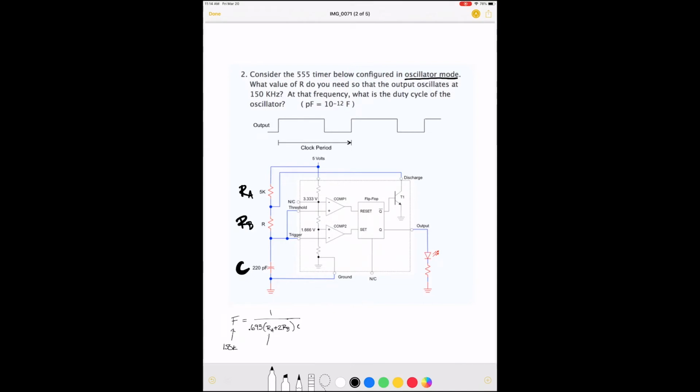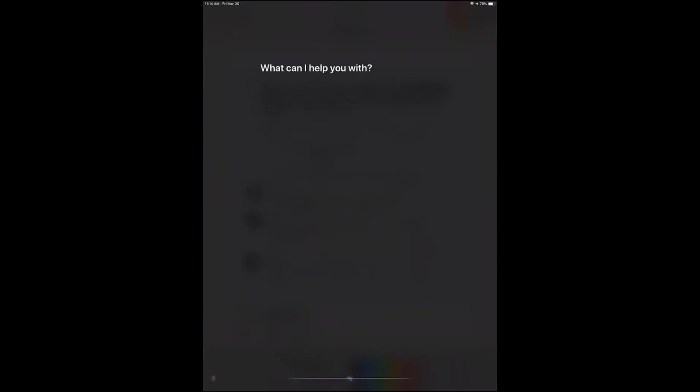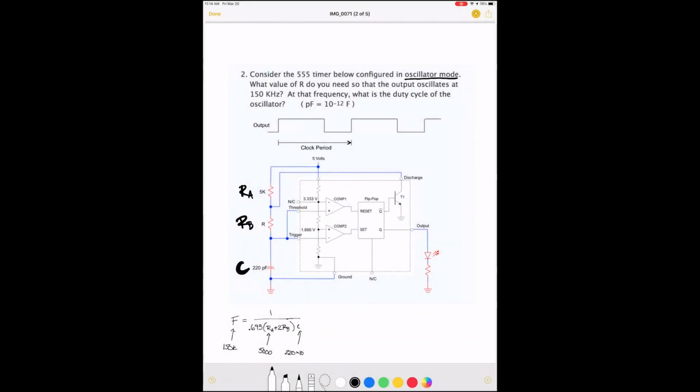We know that this is 5,000. And we know that this is 220 pico, which is 10 to the minus 12th. So all you have to do is solve this equation for RB, and that will give you the resistance that you need up here for R.